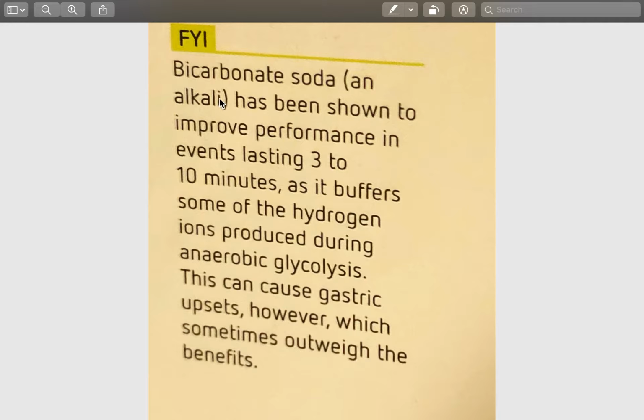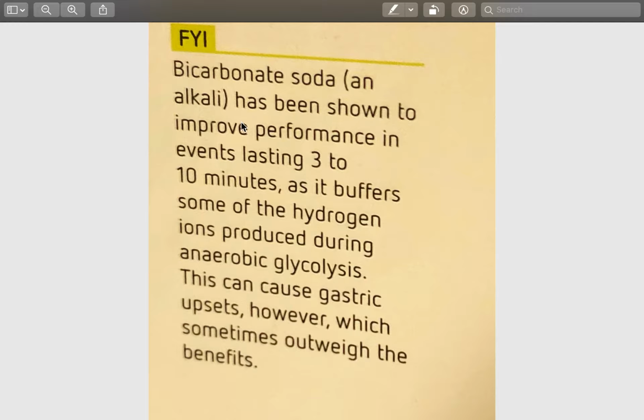So if we consume bicarbonate soda, which is an item that you can purchase at any supermarket, because this is an alkali, it will balance out the pH in the body when the body is producing hydrogen ions, which is an acid.